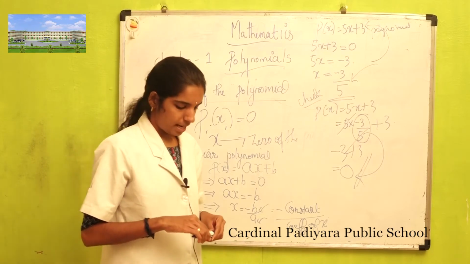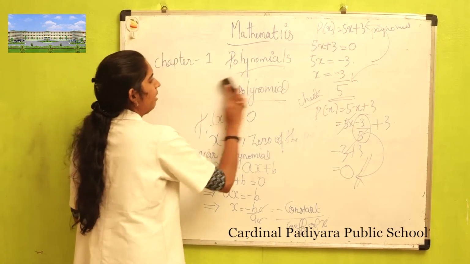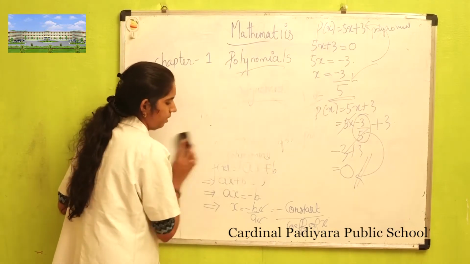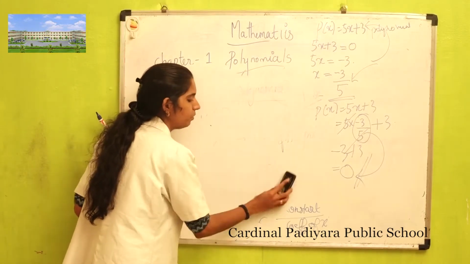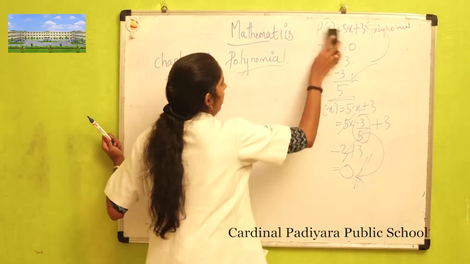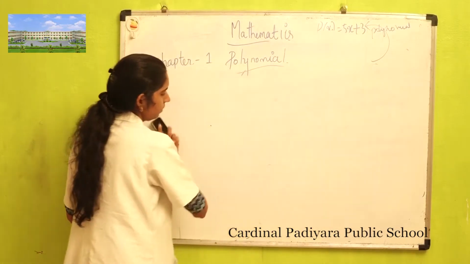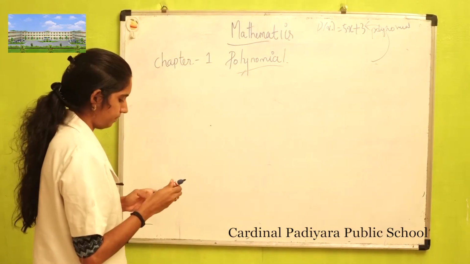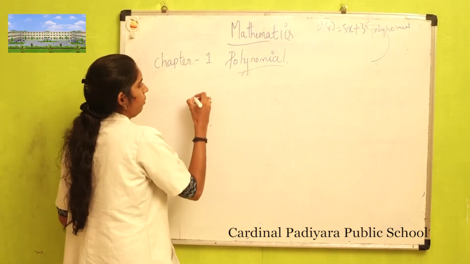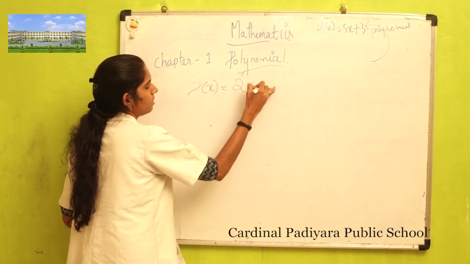Okay. And suppose I consider the graph of this polynomial. Graph of polynomial means graph of a linear polynomial. How will you draw the graph of a linear polynomial? Suppose I consider P of x equal to 2x plus 3.